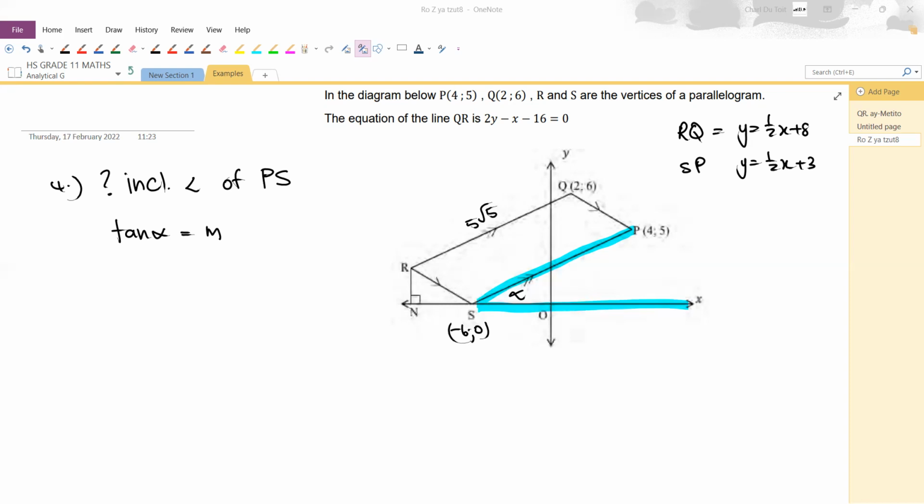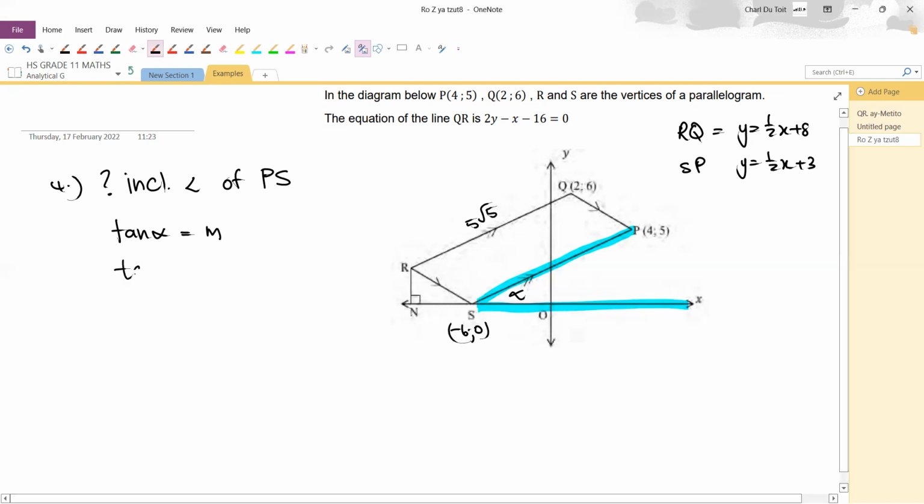Okay. Answer. Tan alpha equals 5/6. No. Go for alpha equals, what is the gradient of that line? It's half. We got the gradient. There it is.